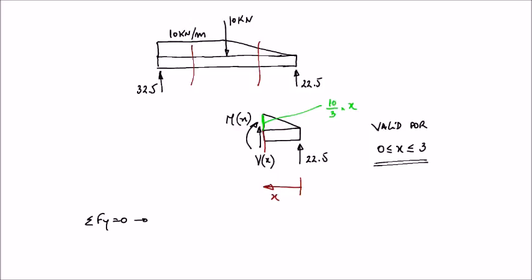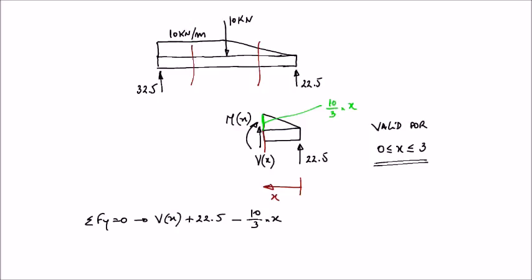So in this case we have the transverse shear force Vx, we have the reaction, and then we have the distributed load, the triangular distributed load. So the equivalent force is the area of the triangle, and the area of the triangle is going to be given by 10 over 3 times x.